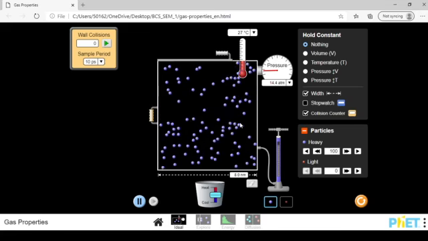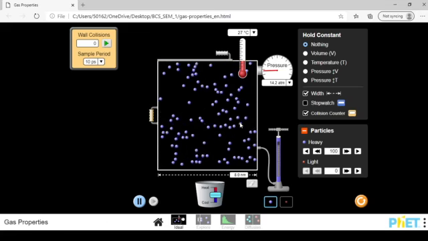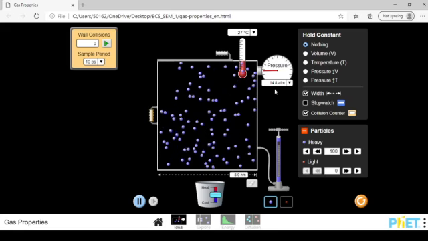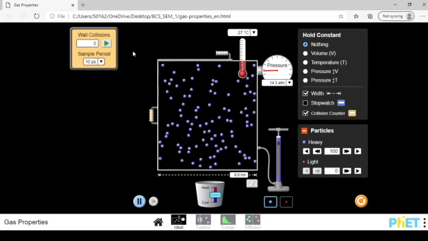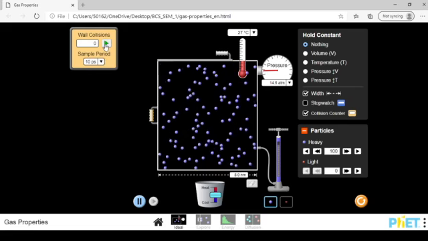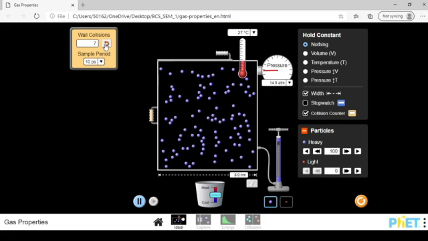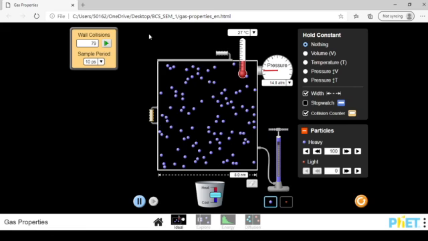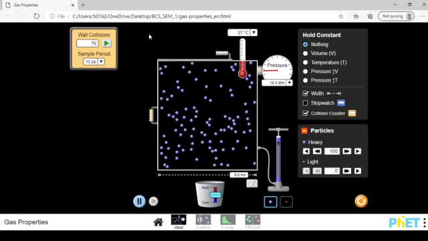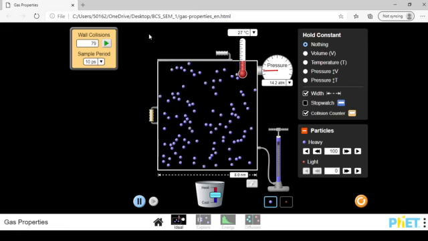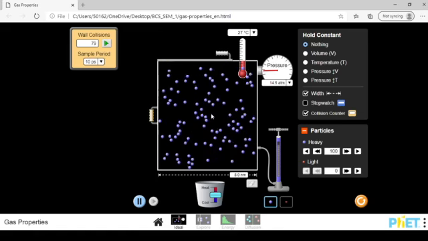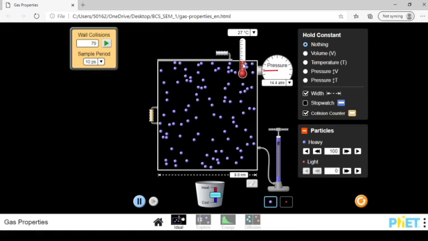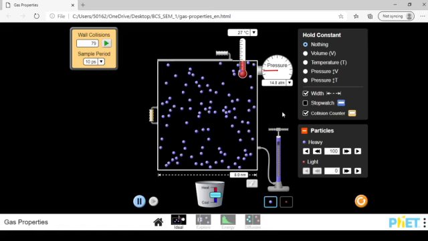All right, so as the particles are hitting the walls of the container, notice how the pressure is going. Let's see how often these particles are actually hitting the walls of the container. The wall collision counter is working. That's telling me that there are approximately 79 particles hitting the walls of the container. Notice that the pressure is going up, and the temperature has gone up to 27 degrees.